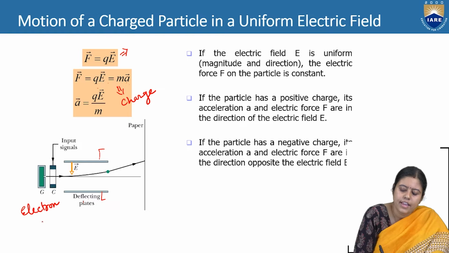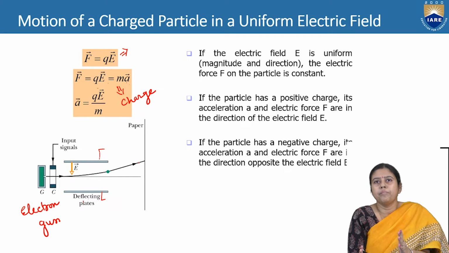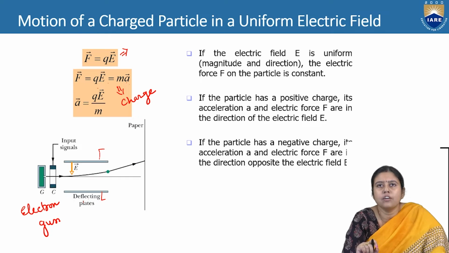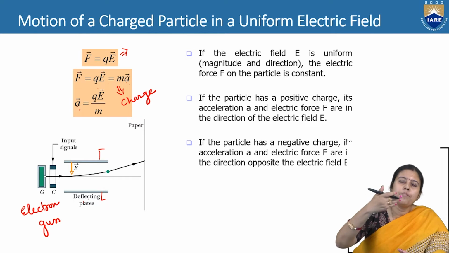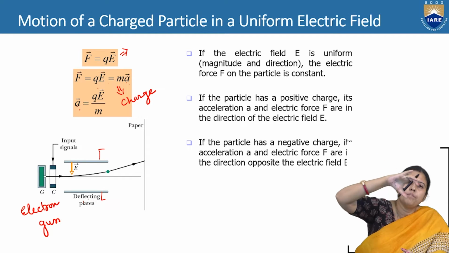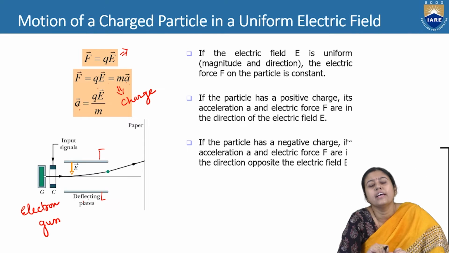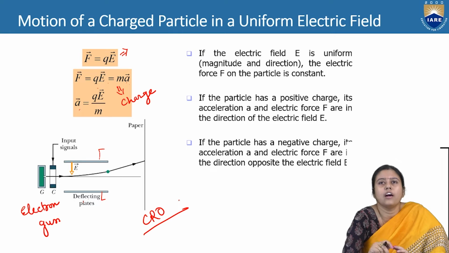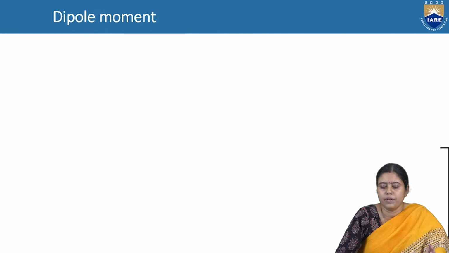Electrons will come out and be deflected with an acceleration A. If we keep any screen, any paper, it will show the electrons as a luminous point. This is generally used in the CRO, cathode ray oscilloscope, which works on this principle.